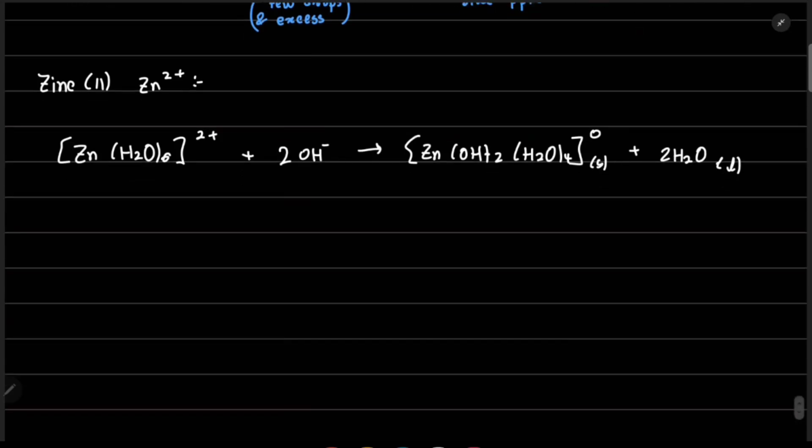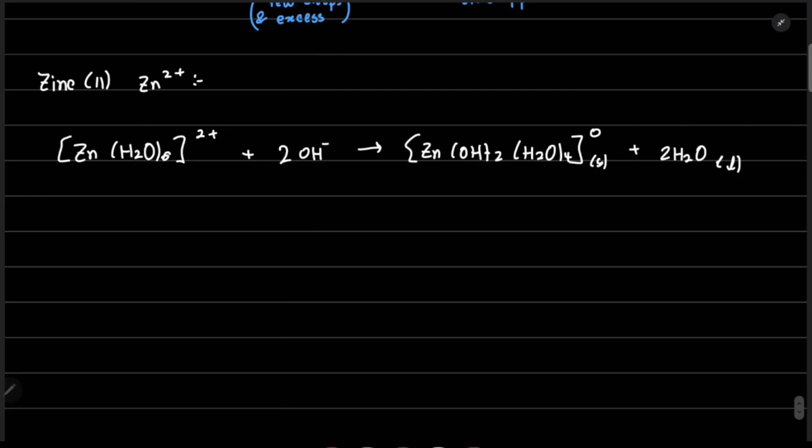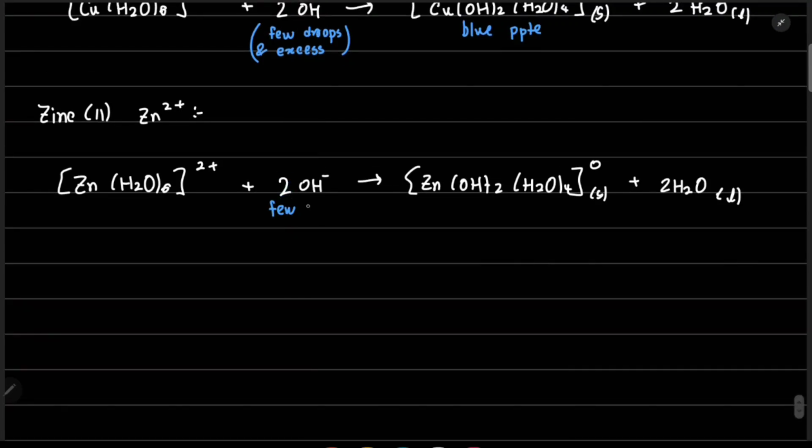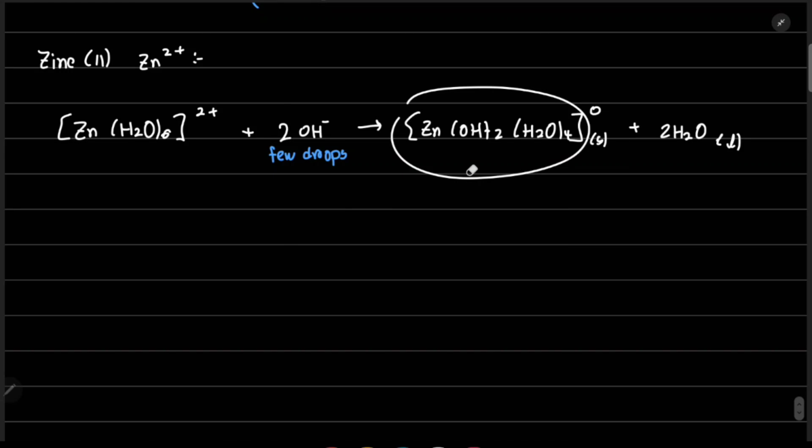So we have 2OH- here. For zinc, the case for a few drops and excess is different. We'll have dissolving over here. This precipitate is white in color. We have a white precipitate.